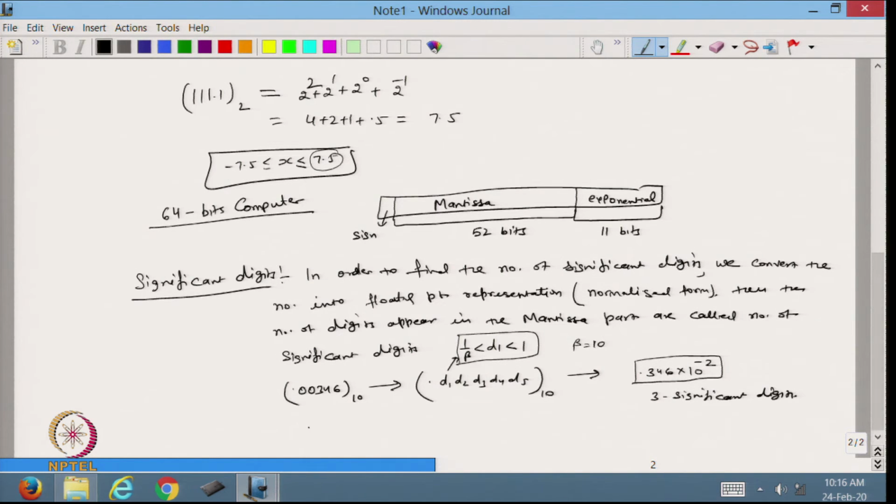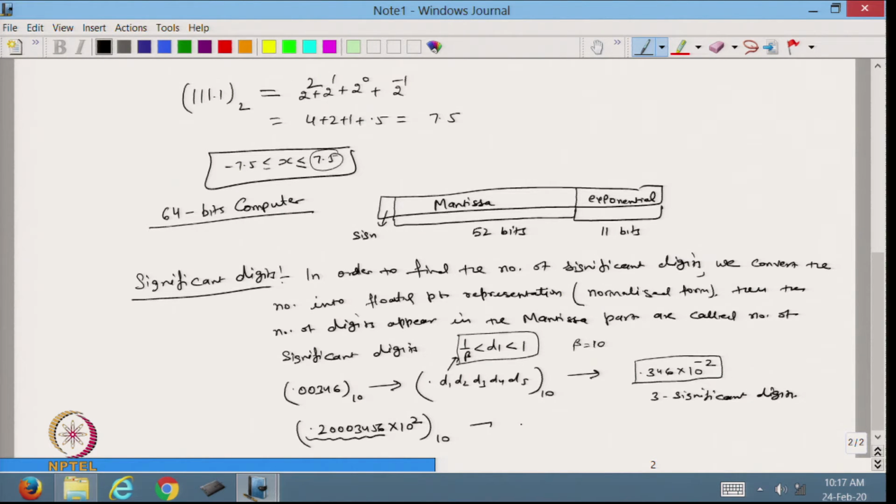Similarly, suppose I have a number like 0.200346 times 10 raised to power maybe 2. That is my number in the form. So, this is okay, that is the normalized form.